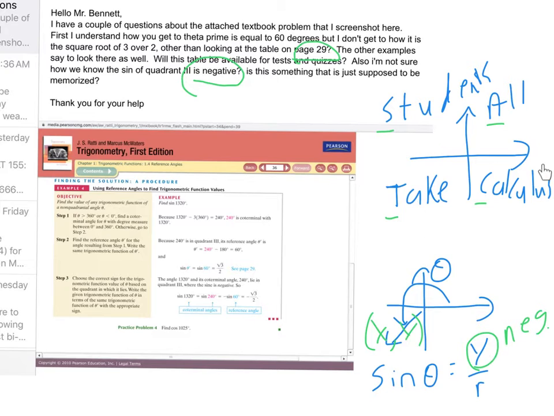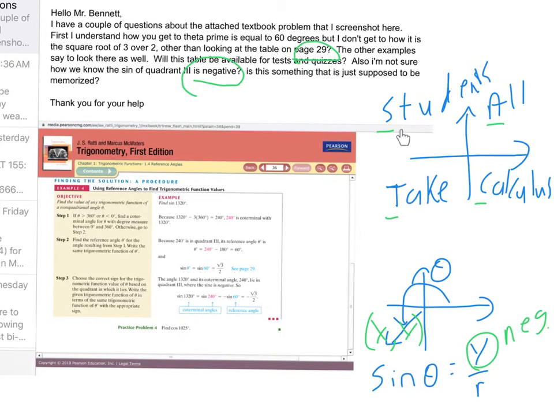Now here's a mnemonic device people often use to memorize the signs for sine, cosine, tangent. Make your coordinate system, quadrant 1, 2, 3, and 4. All students take calculus, and you look at the first letter: A, S, T, and C. Quadrant 1, all your trig functions are positive.